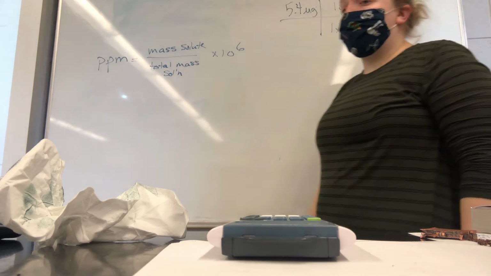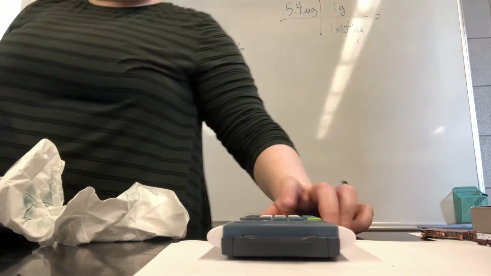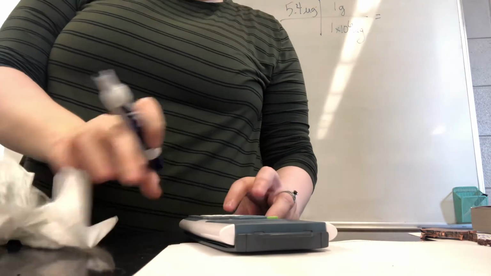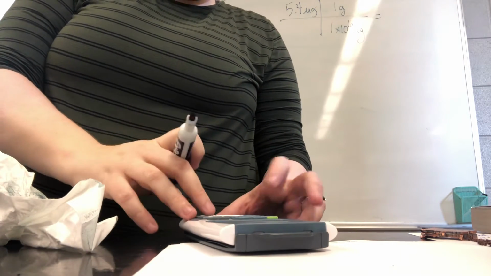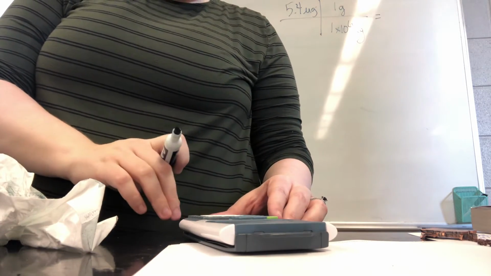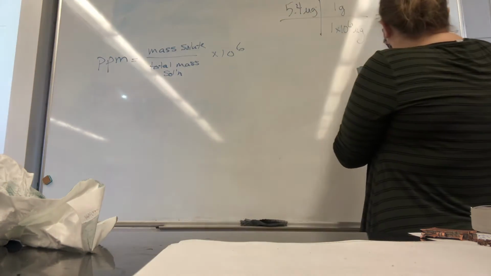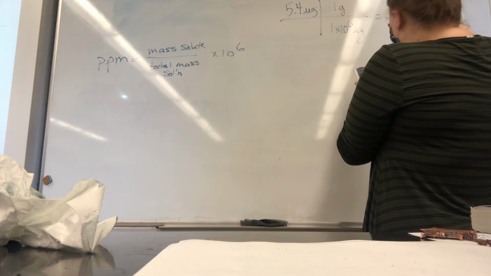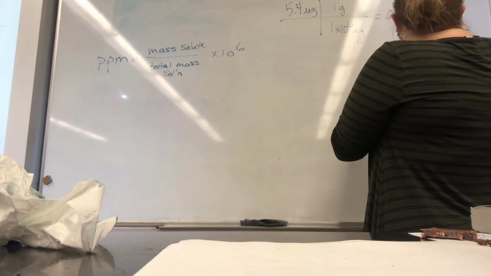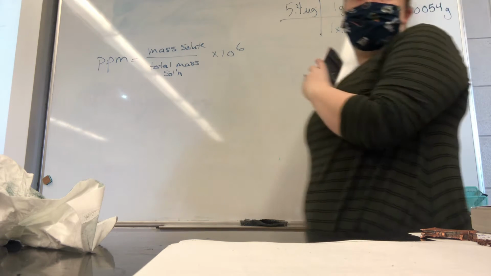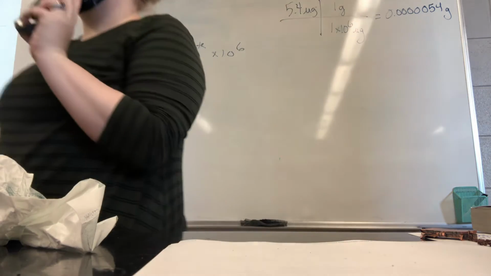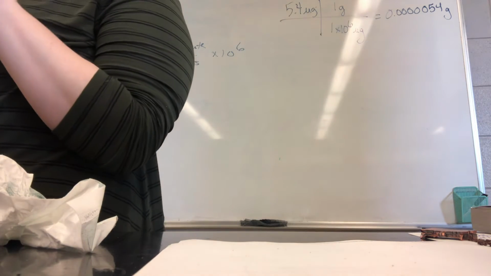So we're going to divide by 10 to the 6th. I got a really small number. Look right? 5 zeros.